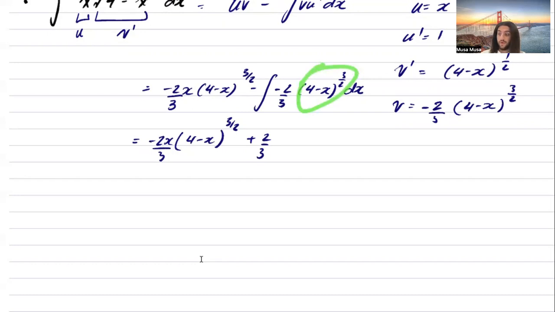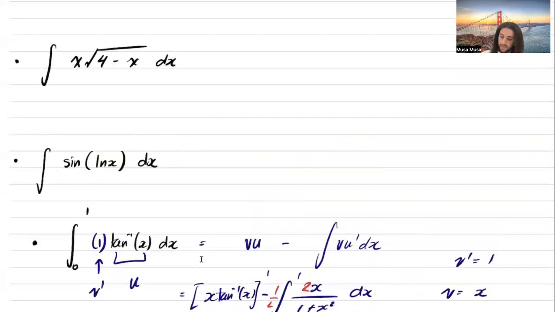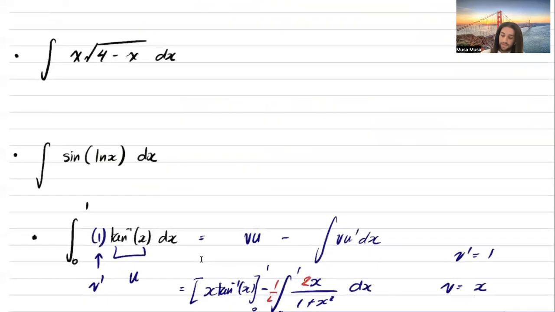So that becomes power of 5 over 2. Divide by the new power, so divide by the 5 over 2. And then divide by the derivative of the inside. So then minus 1 and plus c. And we get minus 2x on 3, 4 minus x to the power of 3 over 2, minus 4 over 15, 4 minus x to the power of 5 over 2, plus c. Perfect. Copy this next one.